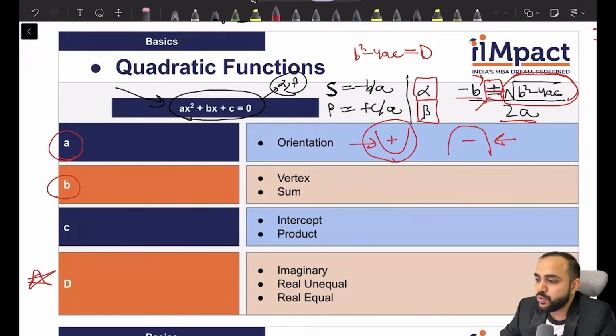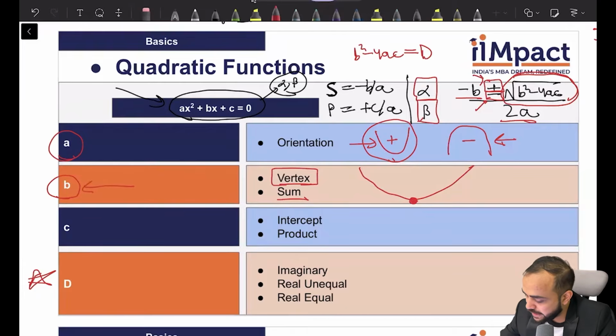The B value decides the vertex. So this is your parabola. This midpoint, or the lowest or the highest point, is defined as the vertex of that parabola, the point of minima or the maxima. This is governed by B in partnership with A. This B also gives you the sum of the roots, which is minus B by A. As we also know, a quadratic function is a symmetrical function.